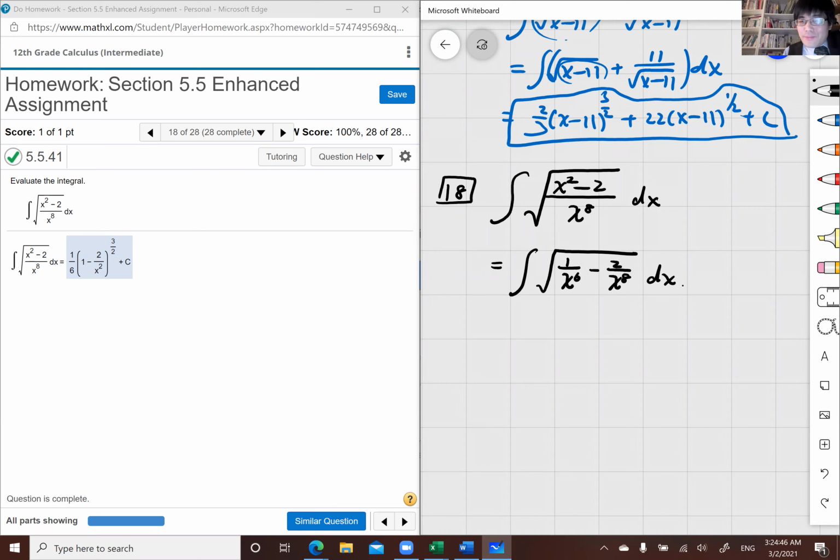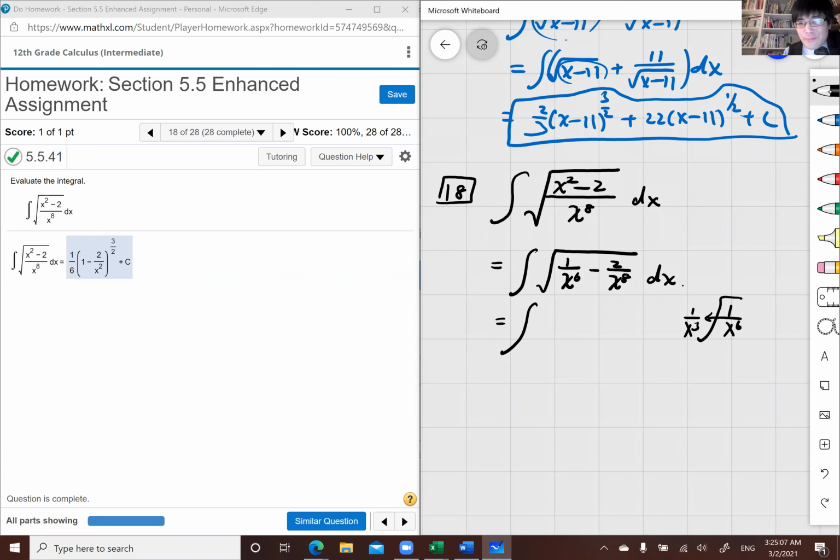Is it simple? Maybe not, but let's put something out. If we put x to the power of 6 out, that's going to become x cubed.